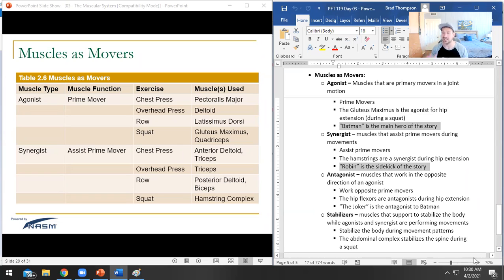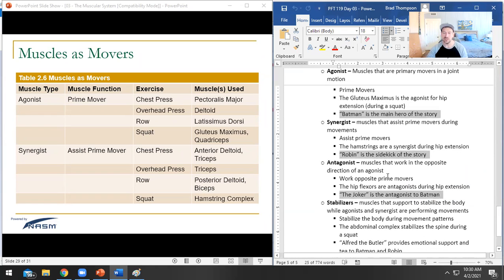Your antagonist is the exact opposite. That's like the Joker, right? He's there to antagonize Batman, totally the opposite. Those are how our muscles are arranged. Every muscle could be an agonist one moment and a synergist the next, or maybe an antagonist. It just depends on what movement you're talking about.